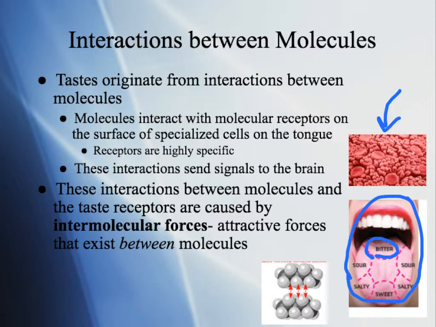On the sides of our tongue, we've got sour versus salty. And in the front tip is where we have most of the taste buds that interact with sweet molecules. These are very specific in recognizing certain types of molecules and shapes of molecules in our food and sending signals to our brain.